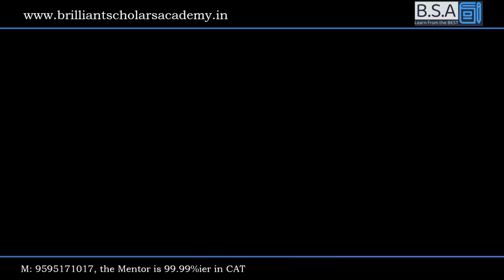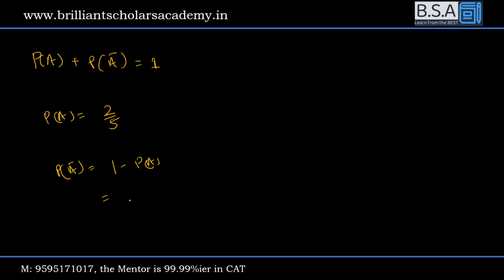एक concept आप यहाँ लिख लो. For a same event, probability of happening of the event and probability of not happening of the event will always add up to 1. अगर A के होने की probability let us say 2 by 5 है, तो A के नहीं होने की probability will be 1 minus happening. तो negation की probability की कई बार requirement पड़ती है. यहाँ पे भी आप कर सकते थे.